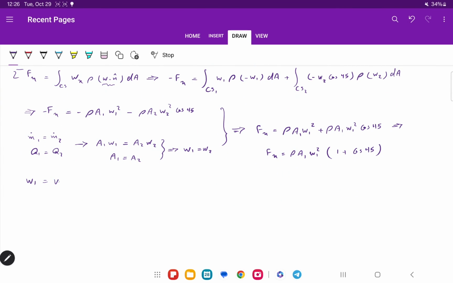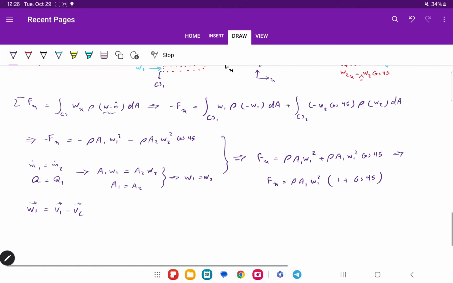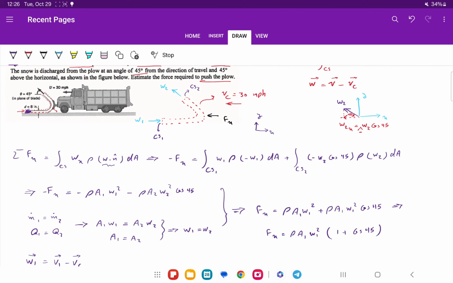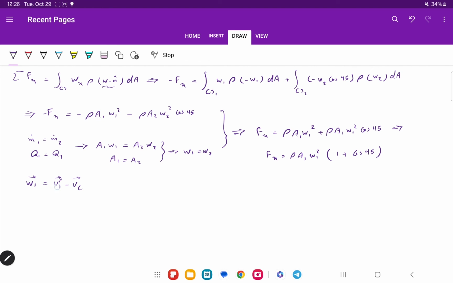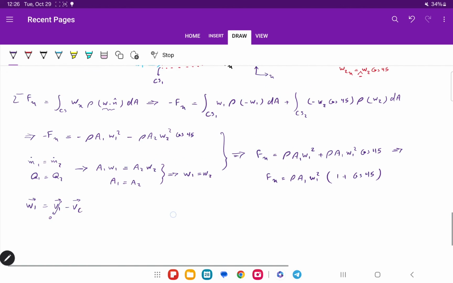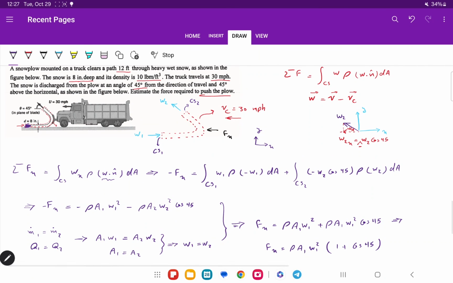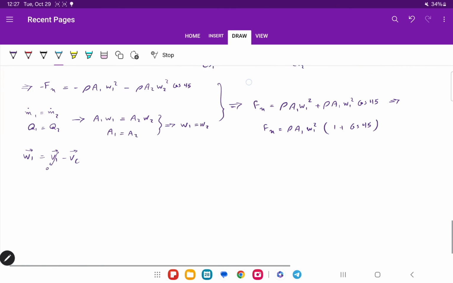W1 equals V1 minus Vc, and these are vectors. So since snow doesn't have any velocity, it's stationary, V1 is 0. This is x direction. Here is the direction of the Vc. So as you can see, they are in the opposite direction.